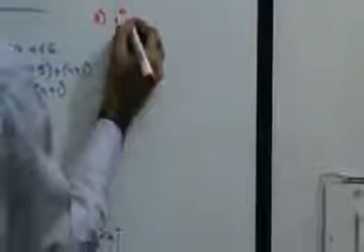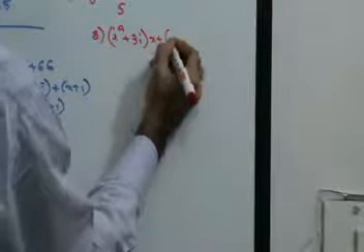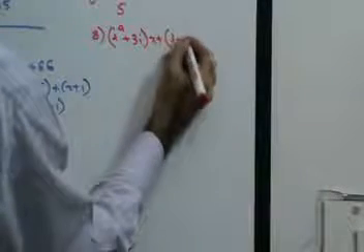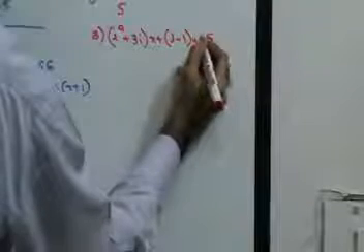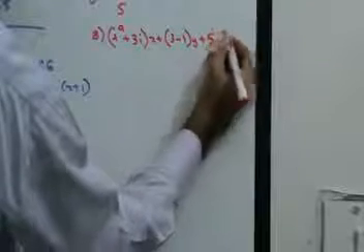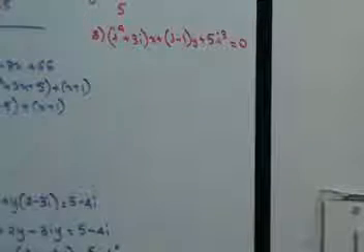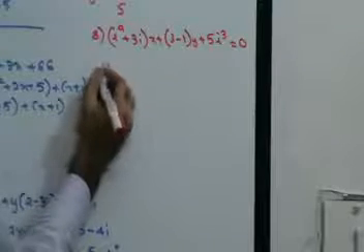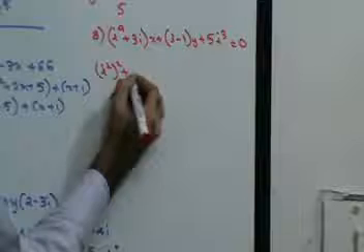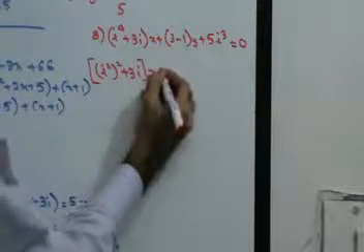i raised to 4 plus 3i into x plus i minus 1 into y plus 5i cube is 0. Right? You got to find the value of x and y. Now i raised to 4 can be written as i square the whole square plus 3i into x.